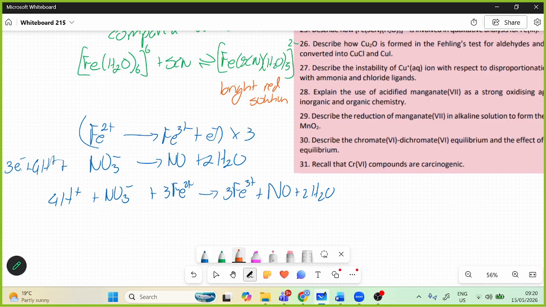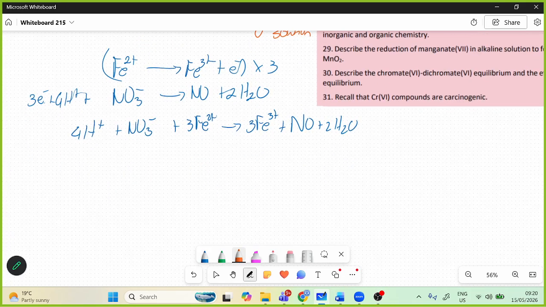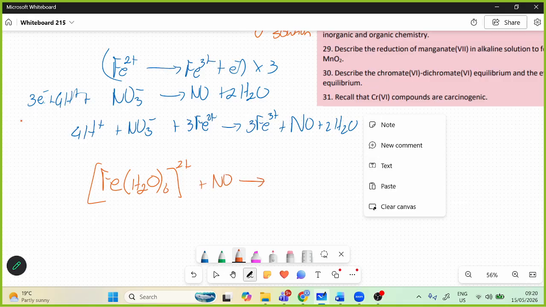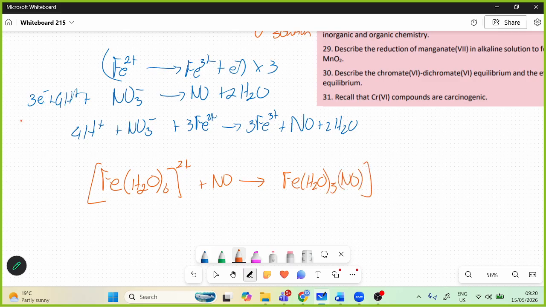The test is then the reaction of the Fe2+ ion with NO to actually give the brown ring. A lot of students think it's because it's being oxidized here.